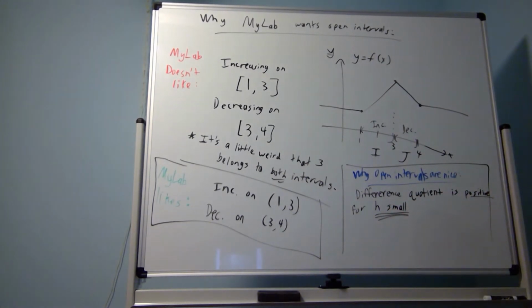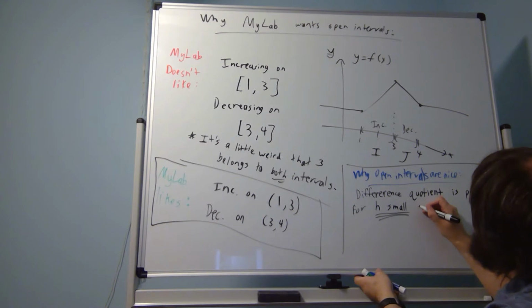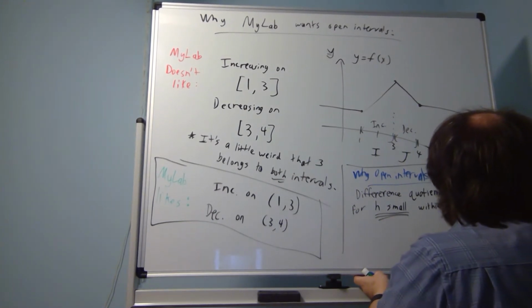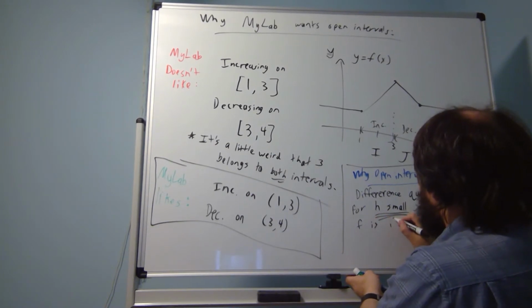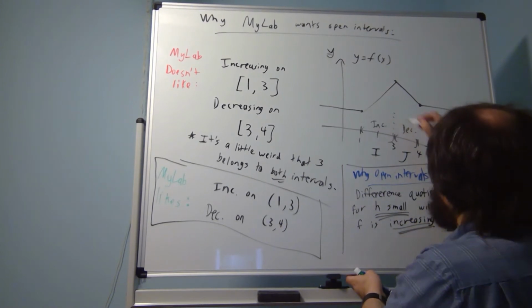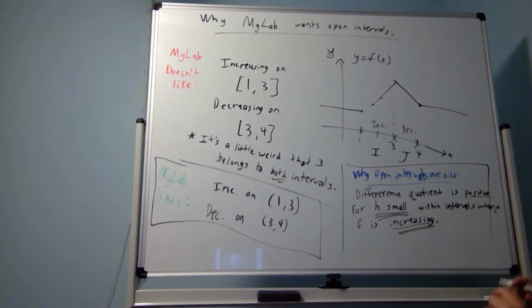So when h is small, the difference quotient is positive within intervals where f is increasing. The difference quotient is just the slope: you connect two dots, and even if it's bendy, you can always connect two points on the graph and draw a line between the two dots.